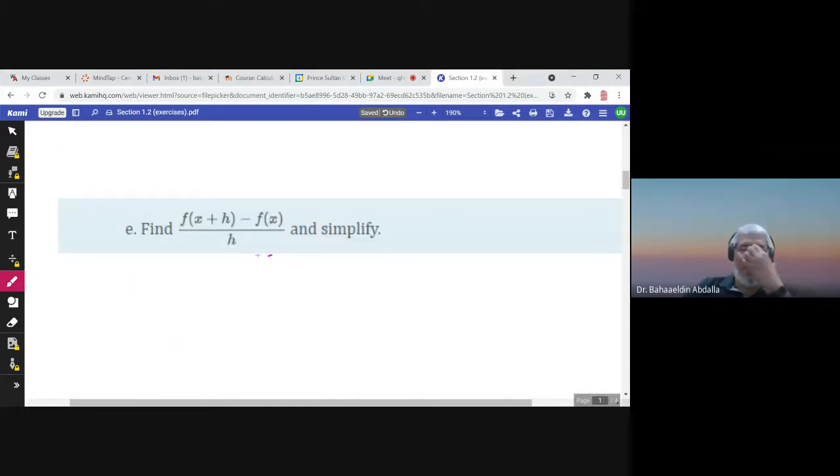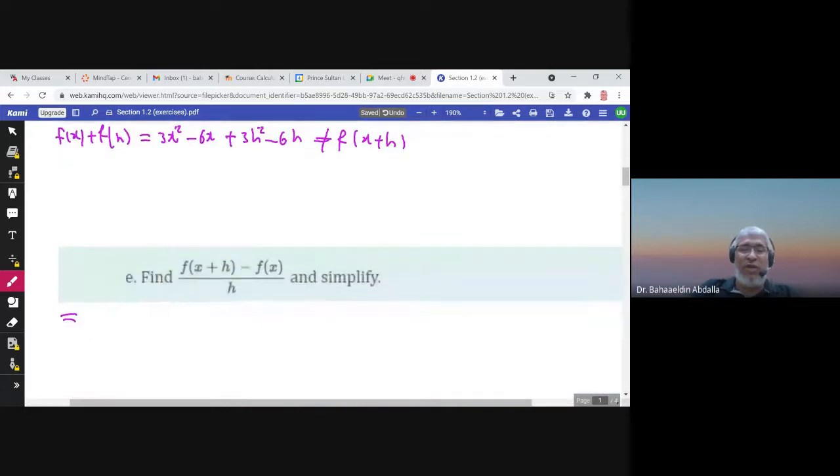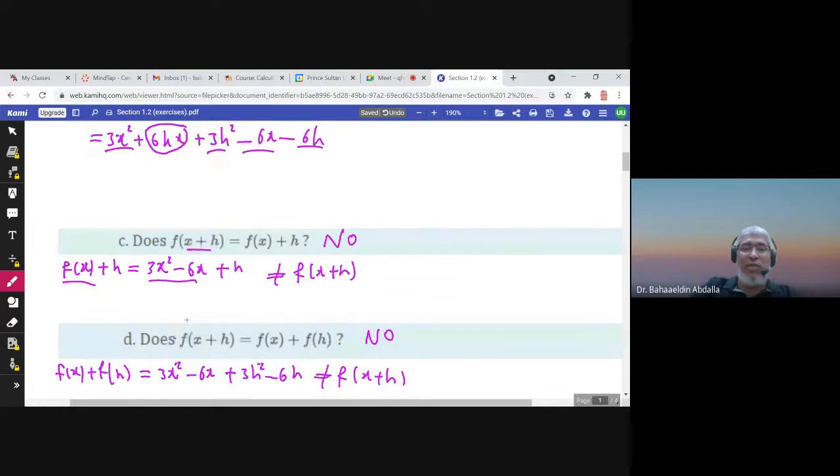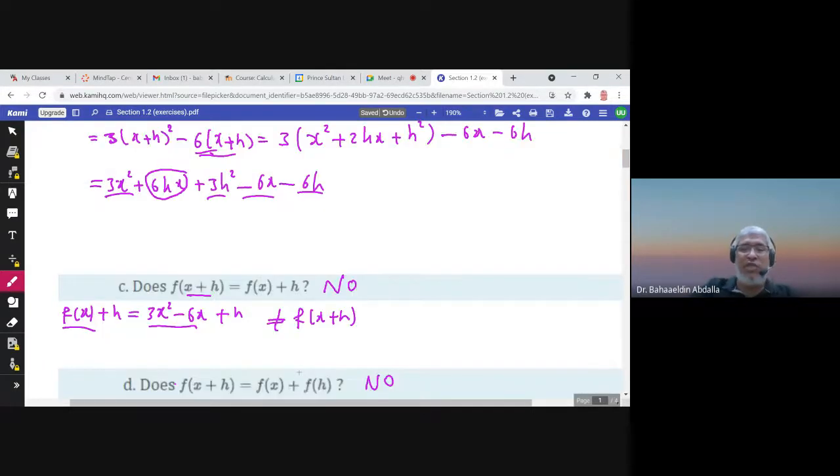Find this quantity. This quantity is called the difference quotient, and simplify. All right, I have f of x plus h, which is this one. So I will write 3x squared plus 6hx plus 3h squared minus 6x minus 6h.